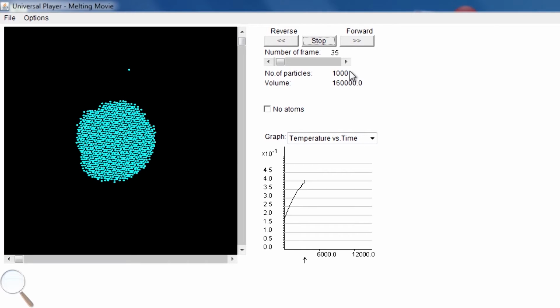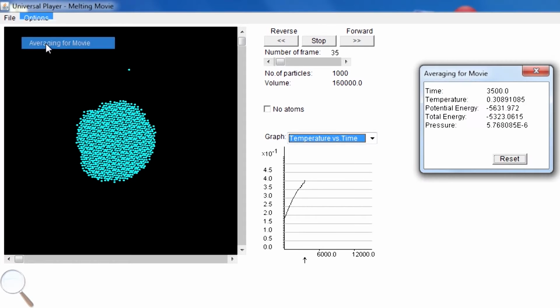So V is fixed, N is fixed, and we are also keeping the total energy constant. Now we are going to look at the temperature and time profile, and then the potential energy versus time profile, because in the potential energy we are going to look at the transition. Let us look at some of the average values.